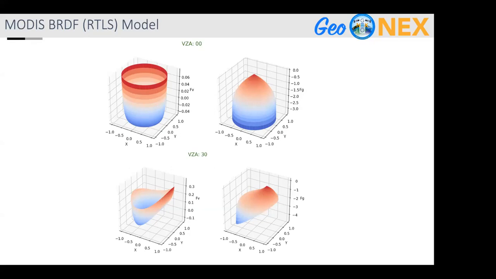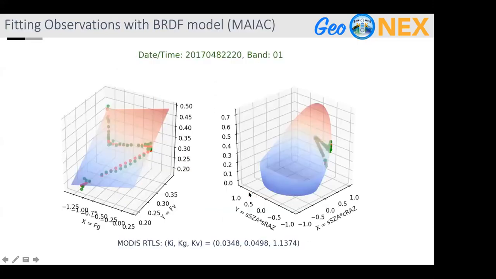So they have different functions, kernels you can calculate given different view zenith or solar zenith angles, these things, and you can calculate the shape of their functions, and then you can try to fit them with the observational data. This is a way to account for how the BRDF affects the surface.